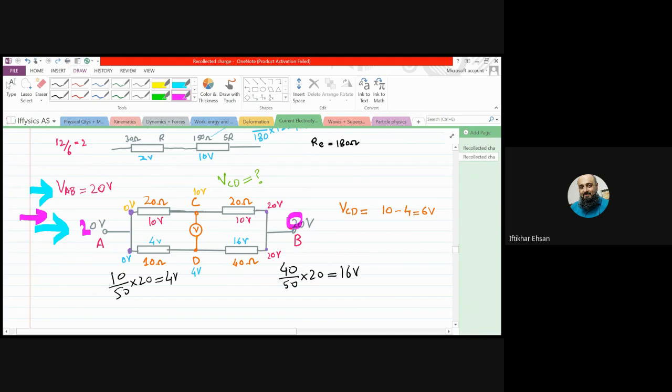The result will be the same, because voltage and current are scalar quantities. So either way they will give you the same. Here we take the voltage to be 0 at A and 20 at B. So the potential difference between them is 20 volt as given.